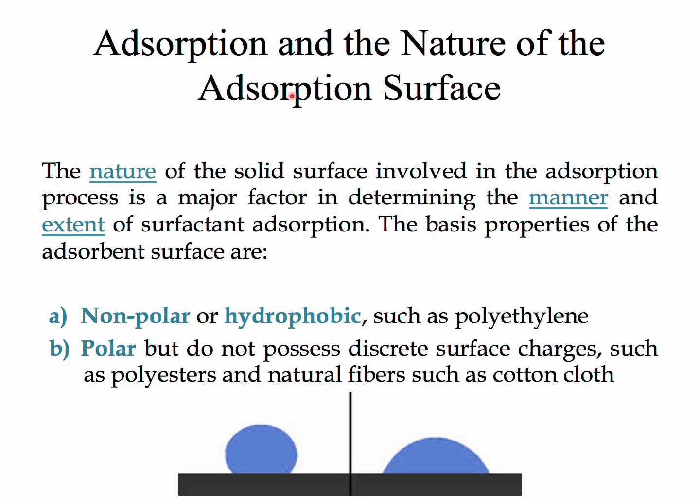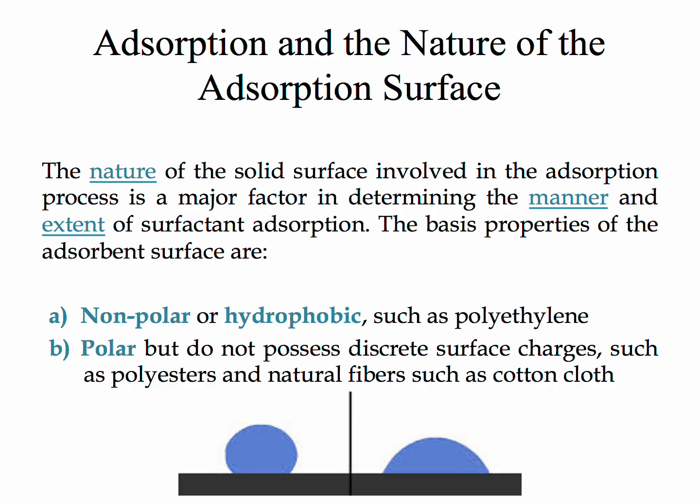If you observe the diagram here, you can clearly see the difference. On one type of surface, the liquid forms a rounded droplet, indicating poor wetting. On the other surface, the liquid spreads more, indicating better interaction between the liquid and the solid.